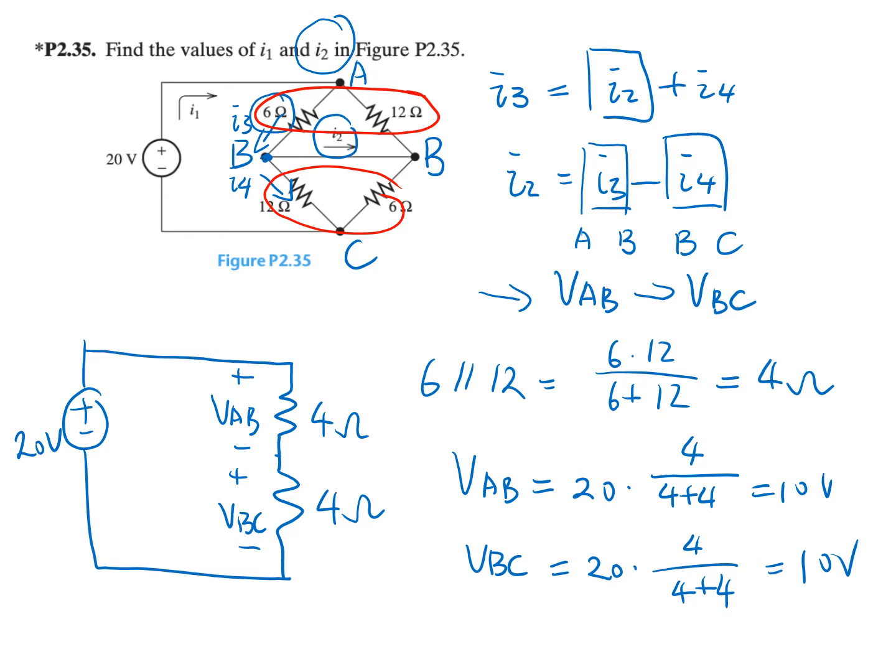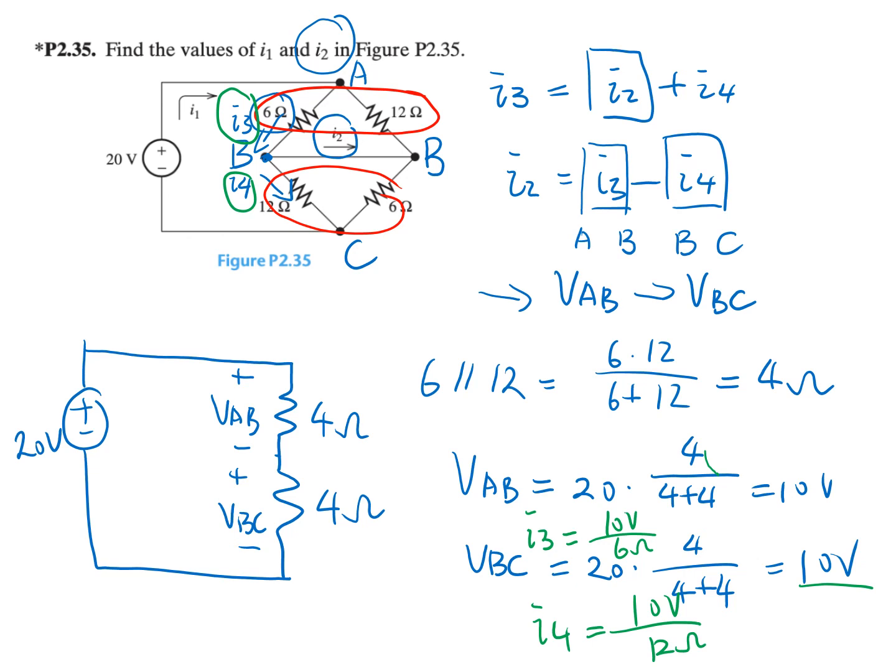So now we can calculate the value of I3 by using Ohm's law. VAB is 10 volt, so I3 is equal to 10 volt over 6 ohm. And for I4, VBC is 10 volt as well, so that's 10 volt over 12 ohm.